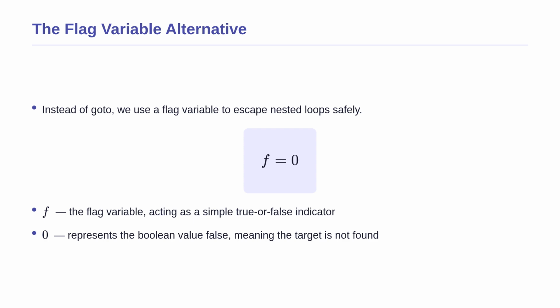Here, f is our tracking variable and 0 represents the Boolean state of false. This means we have not yet found what we are looking for. If we change this value to 1, it represents true. By checking this single variable, our program can gracefully shut down multiple layers of loops without ever needing a chaotic goto jump.